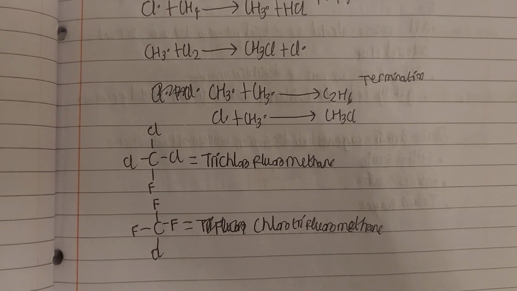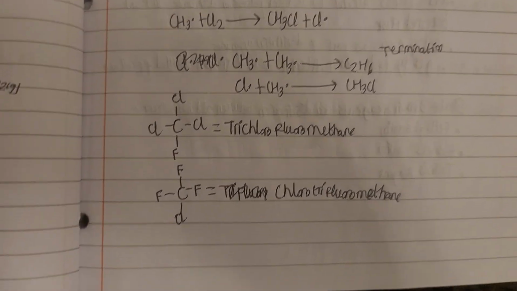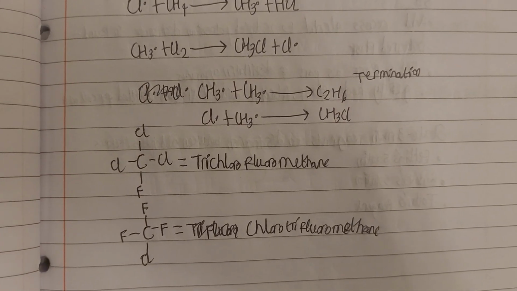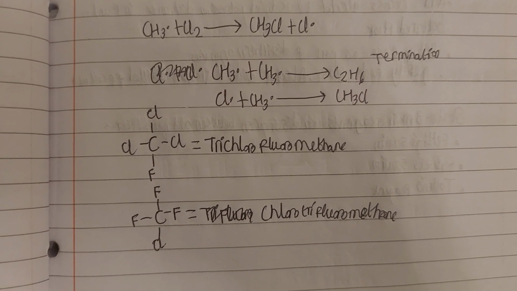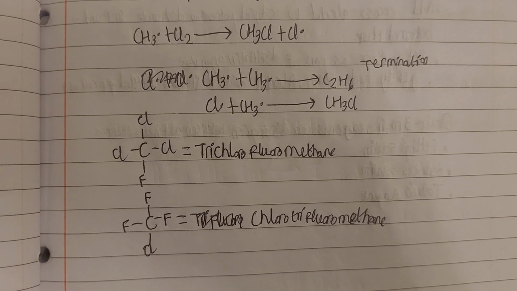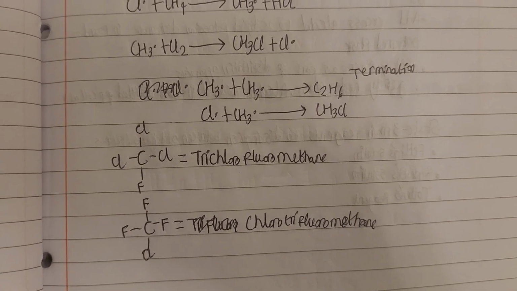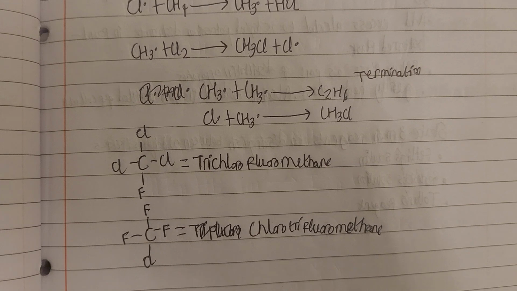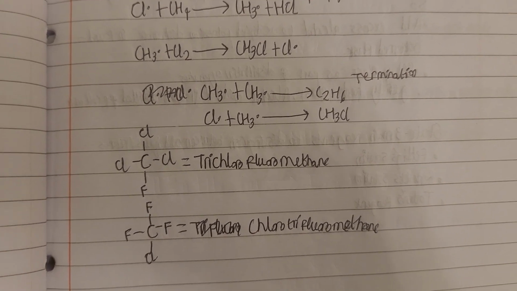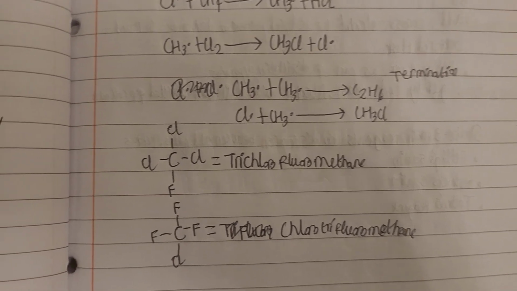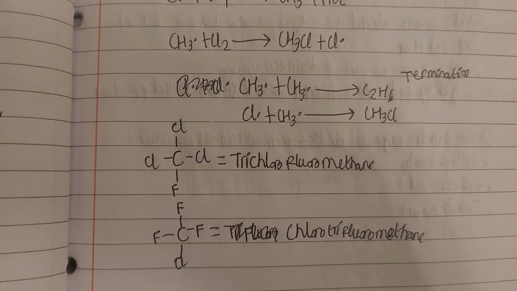Now these aren't really equations, but I've seen a couple of questions on this, and it was like, name this, or draw trichlorofluoromethane. So you should know how to do it, and it is in a textbook, so I think it's on the spec. I'm not fully sure, probably not, but it's still good to know these.